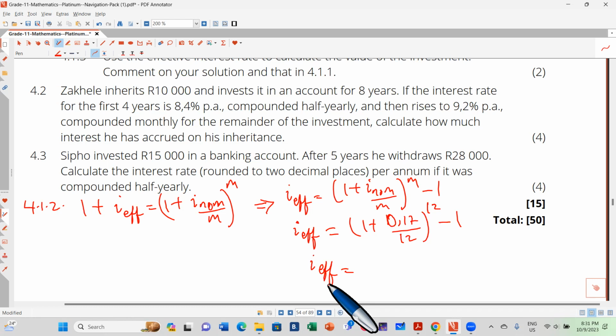So this one is 0.18389. That's what we're getting.